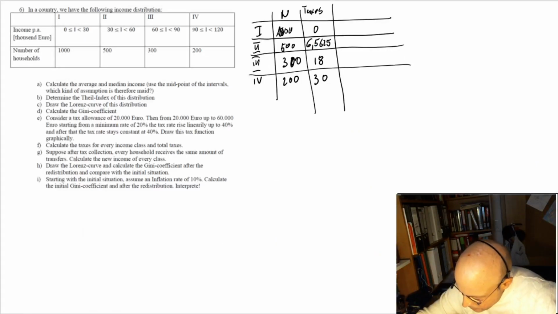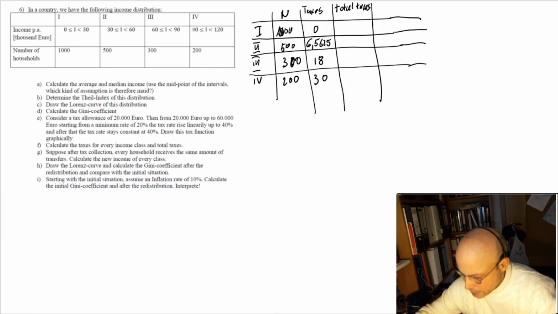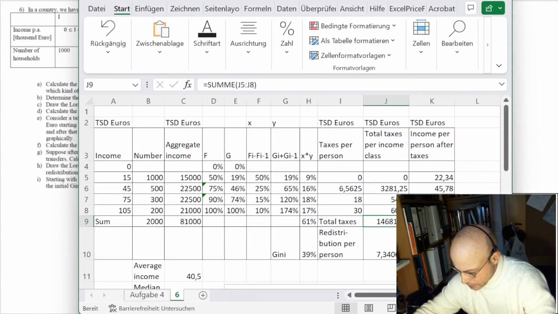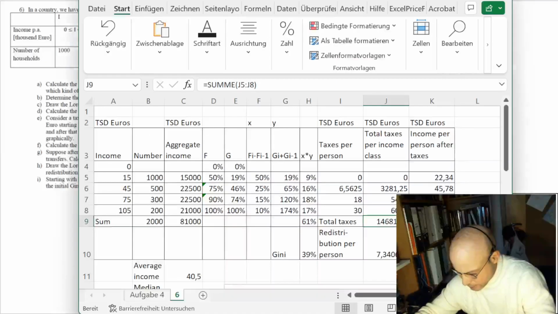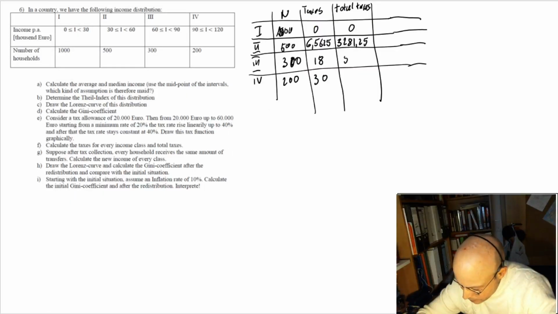And then we have here total taxes, which is just 1,000 times 0, which is 0. In this case 3,281.25, 54, and 6,000.